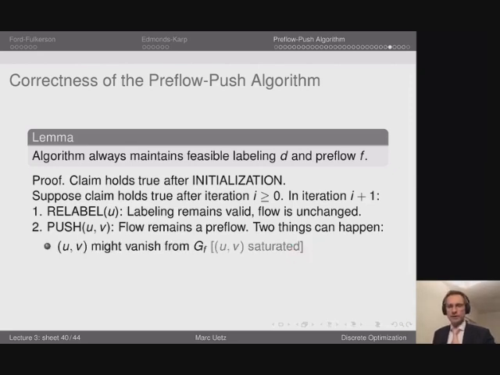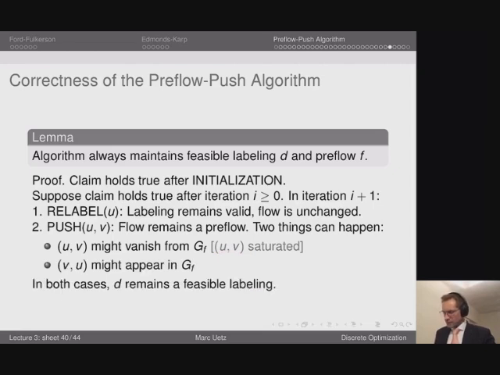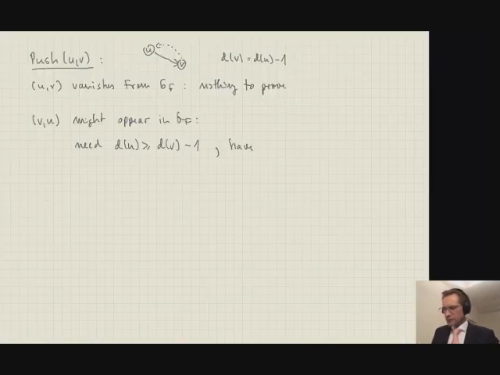So if we saturate an edge, a saturating push, then there is nothing to prove for the vanishing edge from U to V. But on the other hand, when we push, it could be that the edge in the opposite direction shows up in the residual graph. And we have to verify that the labeling is feasible also for that new edge that might appear in the residual graph. So let's have a look at the push operation. When we push from U to V, that means we are pushing along a downward sloping edge, right?